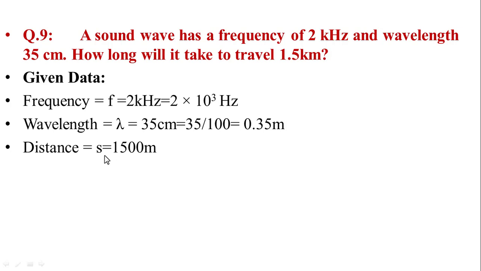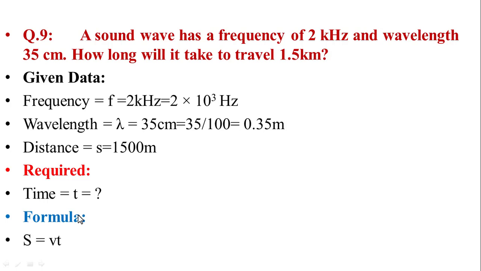Now the distance S is equal to 1500 meter, because the given value is 1.5 kilometer, so we change into meter by multiplying by 1000. Then we require the time taken t. Now the formula that we use is S is equal to Vt.